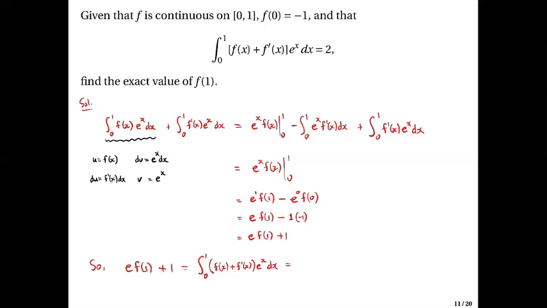And from the given, this is just positive 2. So we can solve for f of 1. So this means we have e f of 1, this is 2 minus 1, which is equal to 1, which implies that f of 1 is 1 over e. So this is the final answer.